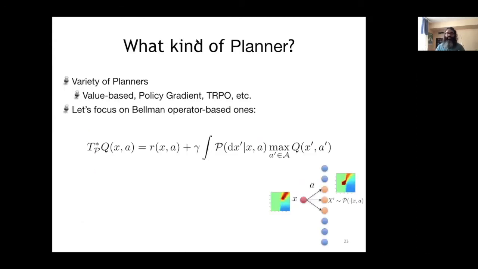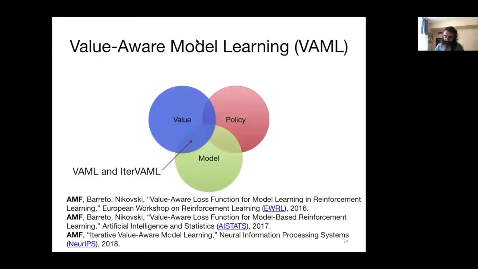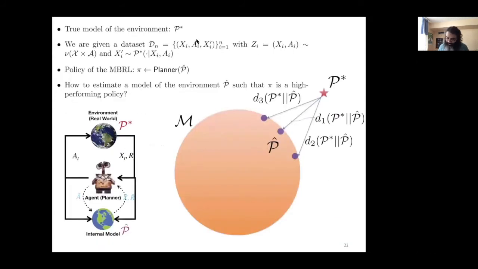What I'm saying is that the choice of that distance function should depend on the type of planner that we are going to use, because at the end of the day, we feed this p hat to this planner. Different types of planners use the model in different ways. So maybe we should respect that and choose one of these distance functions such that it's better for the planner. That makes it more decision aware in some sense, so planner aware.